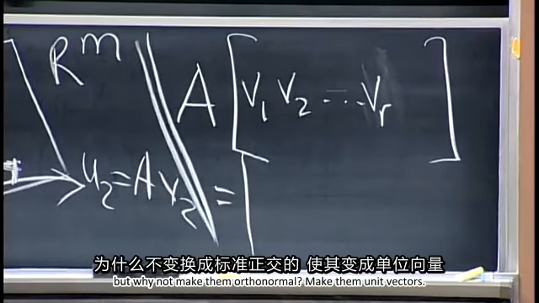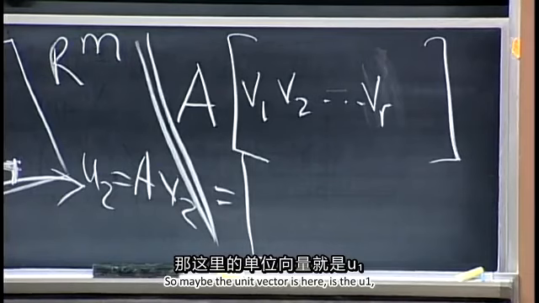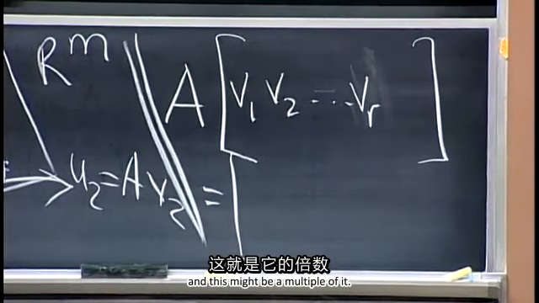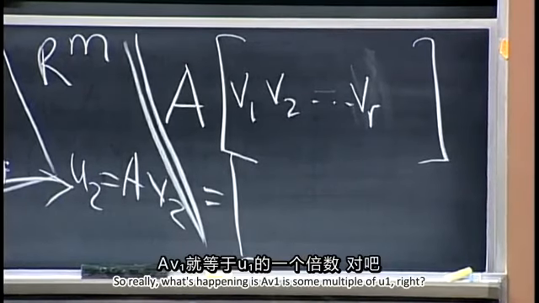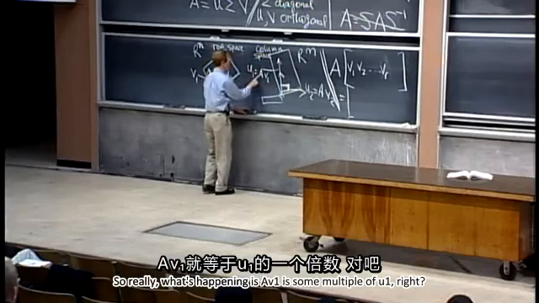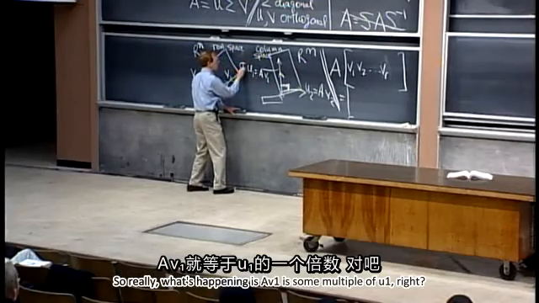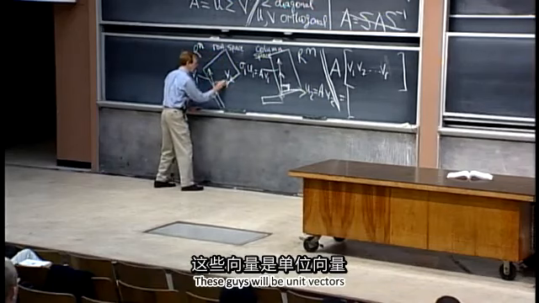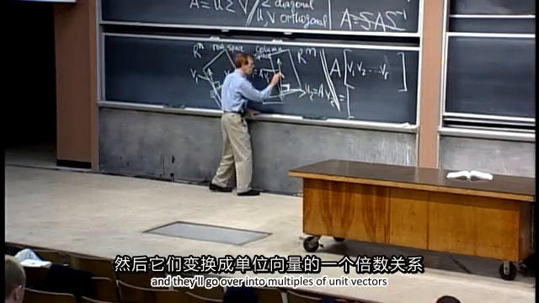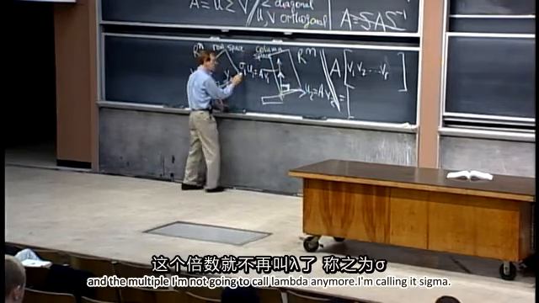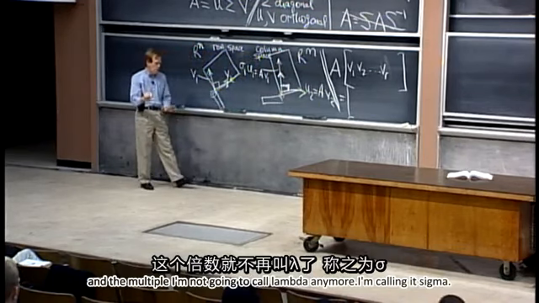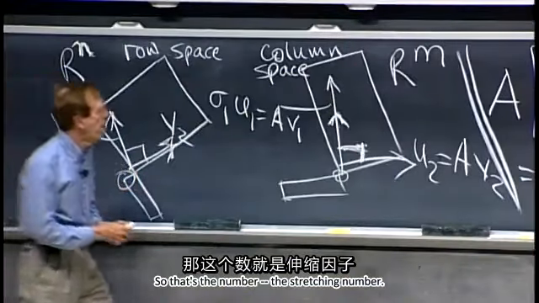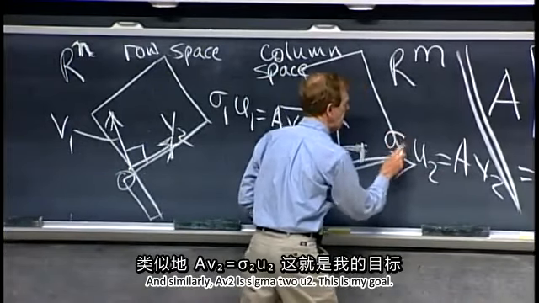Make them unit vectors. So maybe the unit vector is here, is the U1, and this might be a multiple of it. So really what's happening is AV1 is some multiple of U1, right? These guys will be unit vectors, and they'll go over into multiples of unit vectors, and the multiple, I'm not going to call lambda anymore, I'm calling it sigma. So that's the number, the stretching number. And similarly, AV2 is sigma 2 U2.